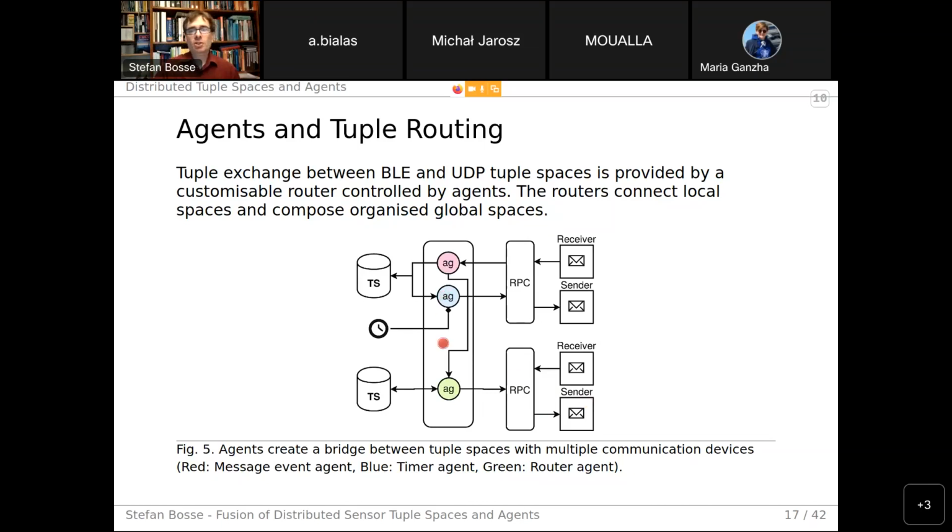And here you see the agent can bridge two tuple spaces. Here, for example, the Bluetooth tuple space, receiving Bluetooth messages with tuples or sending tuples via Bluetooth. And here the other, the UDP tuple space, connected to the IP communication. And an agent can bridge two tuple spaces, can forward messages, and so on.